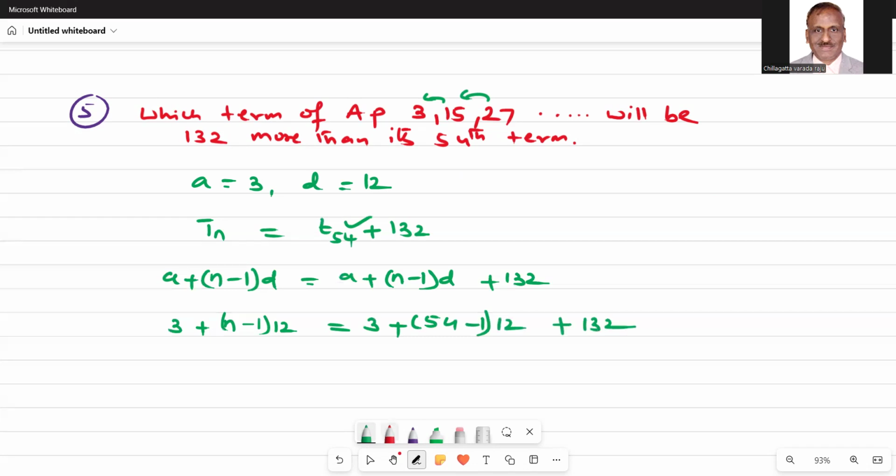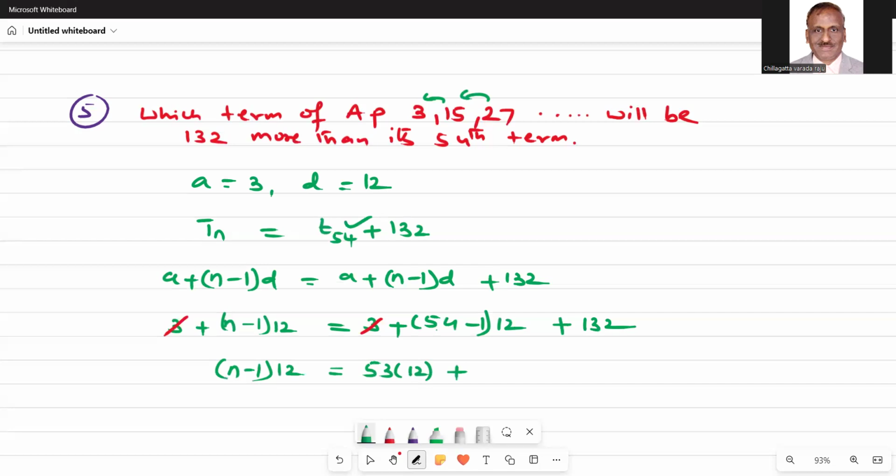Now shall we do one thing? If we transpose 3 to the LHS, it becomes minus 3, and plus 3 and minus 3 will cancel. So what is left over now? N minus 1 into 12 is equal to 54 minus 1, which is 53, into 12, plus 132.